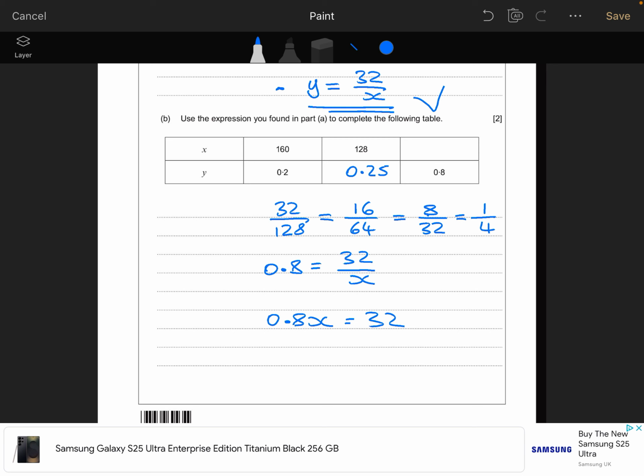And then after I've multiplied by x, I'm going to divide by 0.8. So x is equal to 32 over 0.8. I can change that to 320 over 8, which makes it a bit easier because I haven't got any decimals in there. And 320 divided by 8, well, 32 divided by 8 is 4, so 320 divided by 8 is 40. So my answer in here is 40.